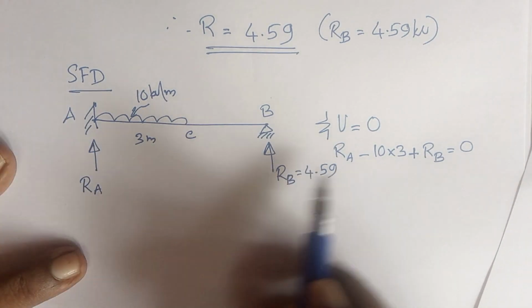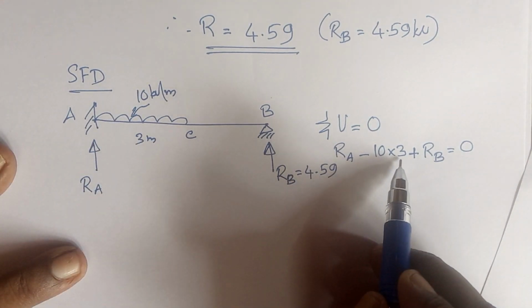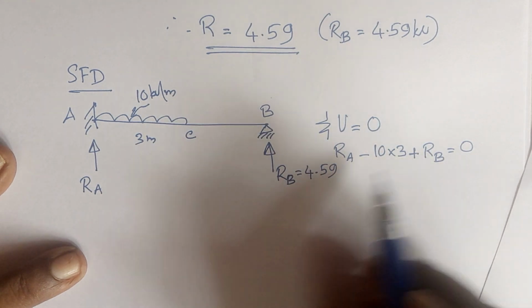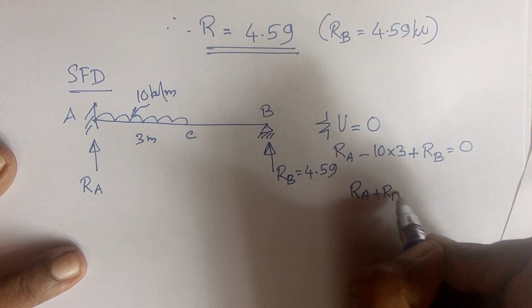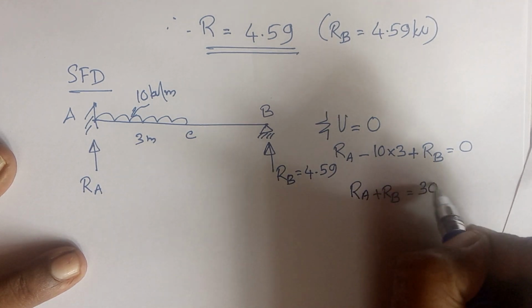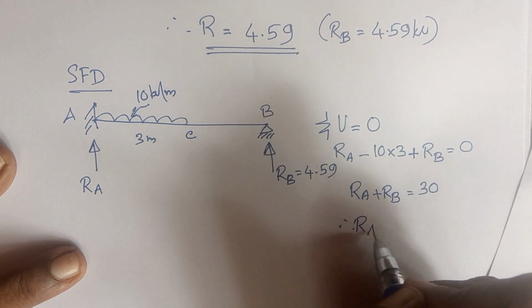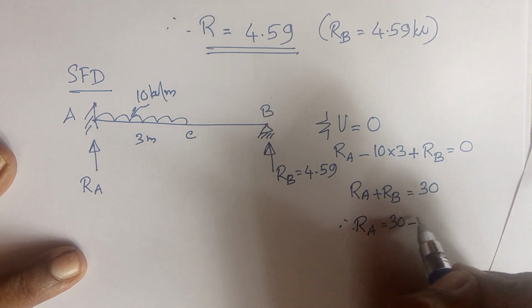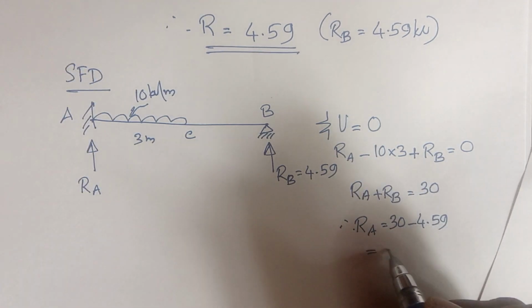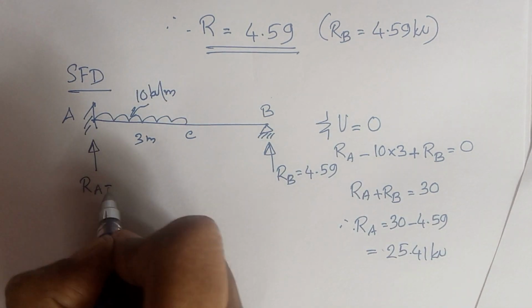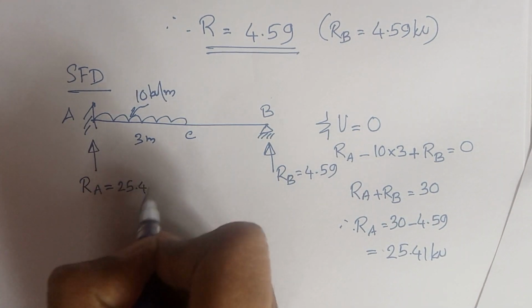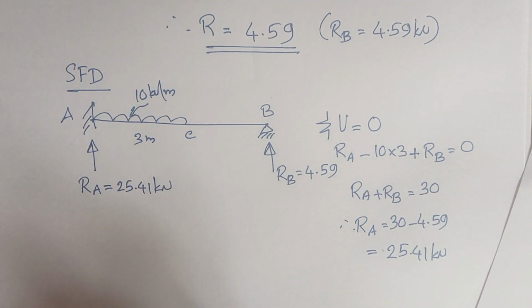That is, RA plus RB is equal to the total load. Therefore, RA is 30 minus 4.59, 25.41 kilonewton.